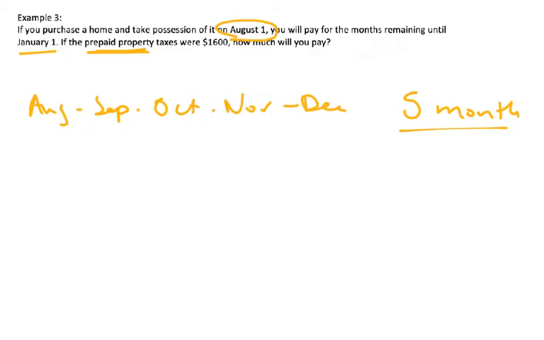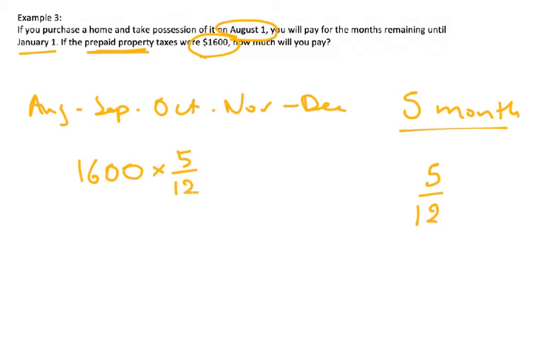But let's say that the previous owner prepaid the whole tax, right? So prepaid for the full year. So you need to give the money back to him. So in this case, if it is 1,600, what portion of the money should you give them? Well, you should give them 5 out of the 12 months, right? So 5/12, that will be the portion of the tax year that remains.